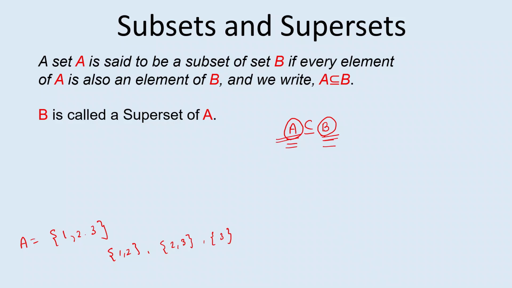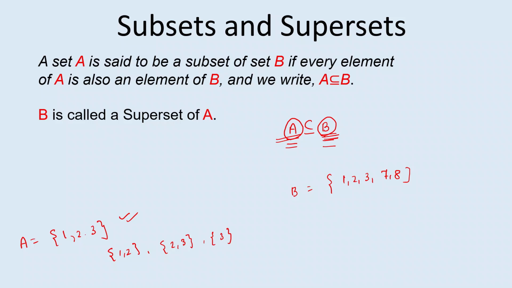Say for example, if A is having 1, 2, 3, and if B is having these three elements along with some more elements, then B is bigger than A. So we can say that B is a superset of A and A is a subset of B. The smaller set is called the subset and the bigger set is called the superset.